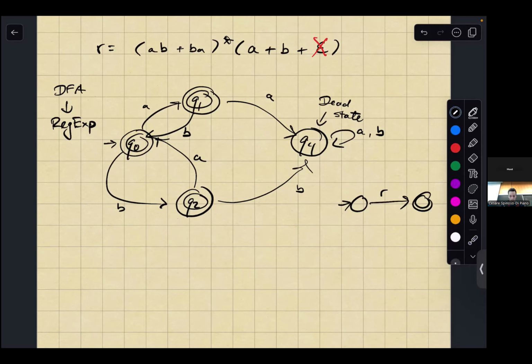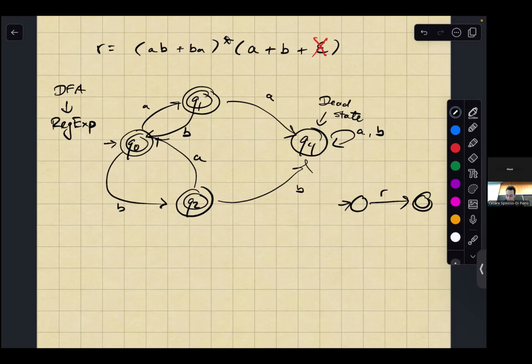So how can I do this? Well, I can't directly start from this DFA. I have to tweak it a little bit. The first thing I can do is delete this dead state, because once I'm at the dead state, there's no path back to acceptance.